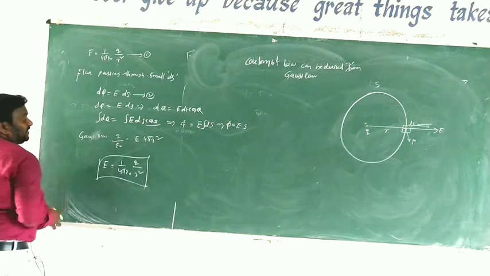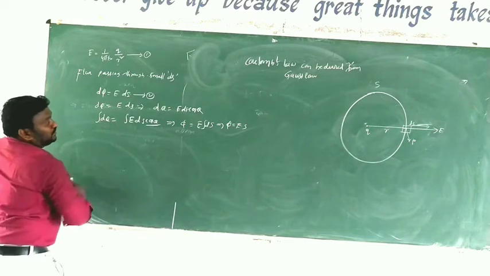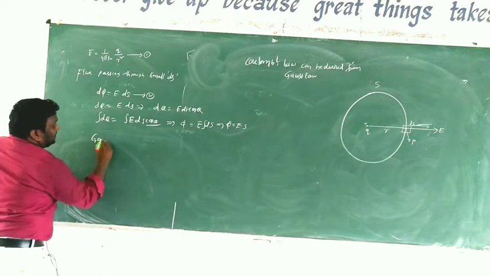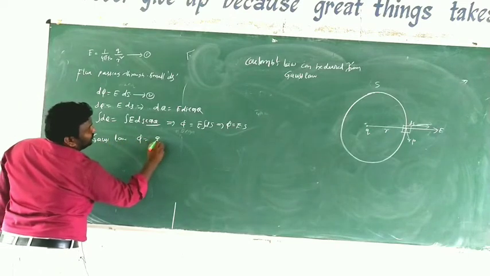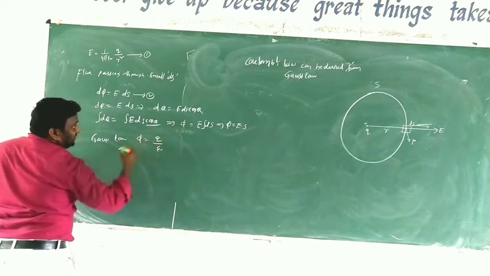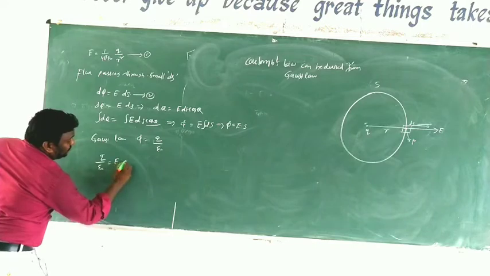And according to Gauss law, what do you write? Phi is equal to Q by epsilon naught. Then substitute here: Q by epsilon naught is equal to E into S.